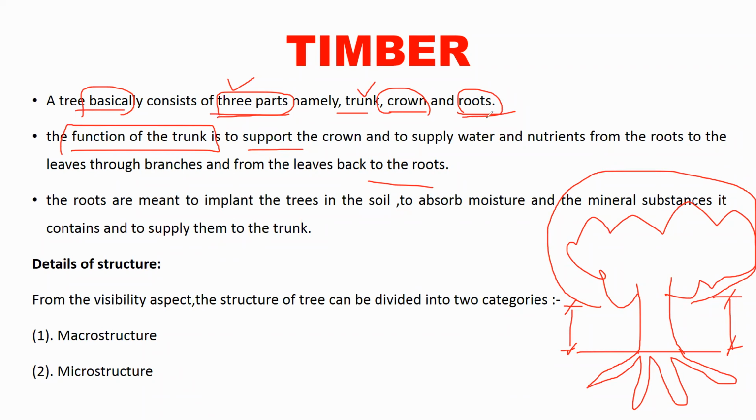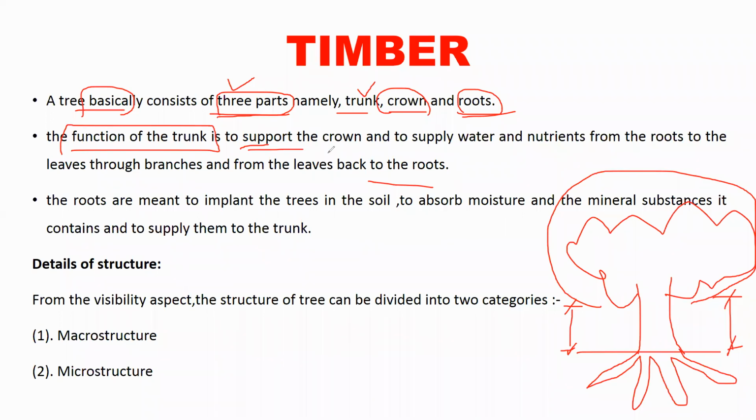Above the trunk the crown is there. What does the crown consist of? Branches, sub branches and leaves, right? The function of the trunk is to support the crown.